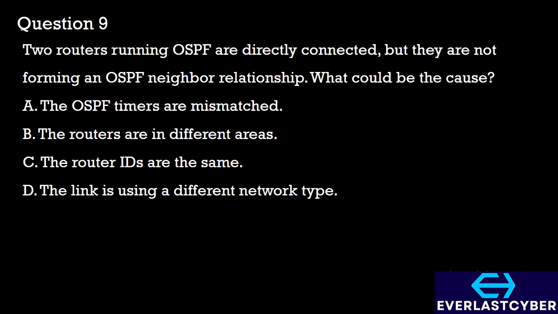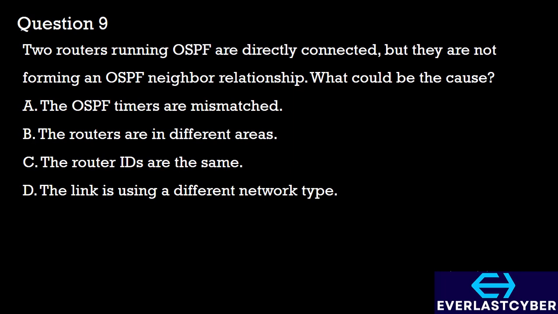In option C, the OSPF routers must have unique router IDs in order to form a neighbor relationship. So if two routers have the same router ID, they would not form an OSPF neighbor relationship because OSPF requires that each of the routers have a unique identifier.